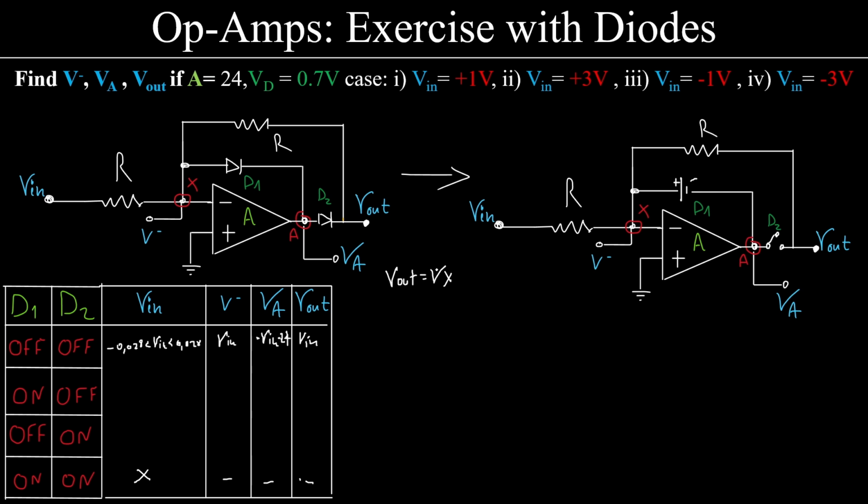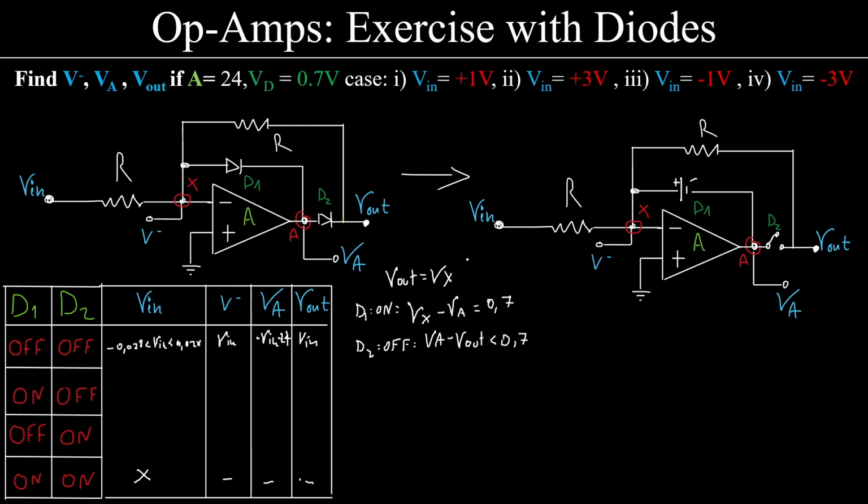Now, next step is to write the conditions. D1 is on, therefore Vx minus Va will be equal to 0.7. Remember, this is a battery. Now, D2 is off. That means Va minus Vout will be less than 0.7.